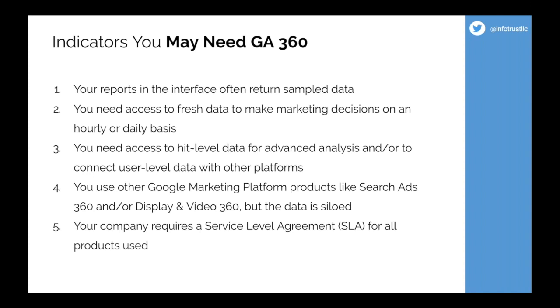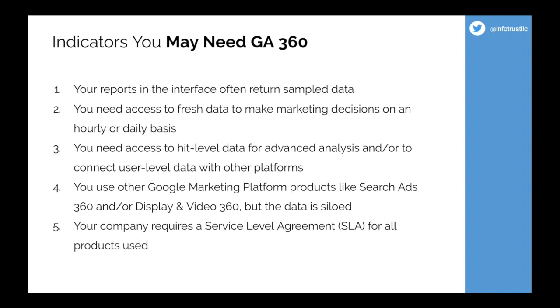So with Google Analytics 360, as I mentioned, you do get that SLA of 4 hours or less within the interface, but in actuality it is closer to 10 to 15 minutes at this point. And I'm one day hoping that Google actually removes any of that latency at some point, which I do think they're getting closer to, but they're not there yet. So you do get much more fresh data when you are a Google Analytics 360 customer, which is nice.